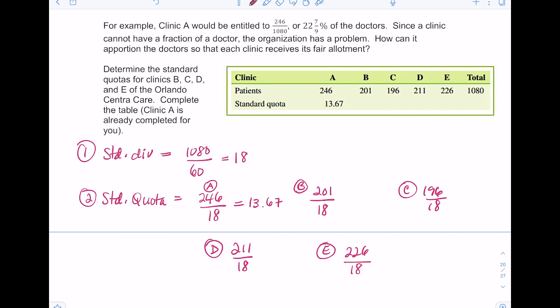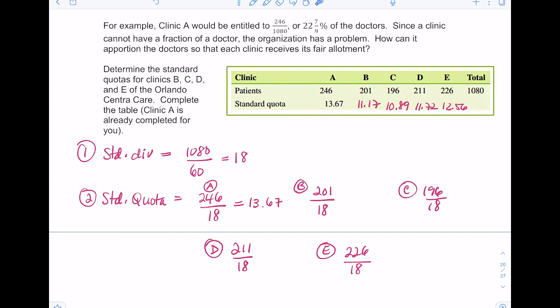When you do this, you should get 11.17 for Clinic B's standard quota, 10.89 for Clinic C, 11.72 for Clinic D, and 12.56 for Clinic E.